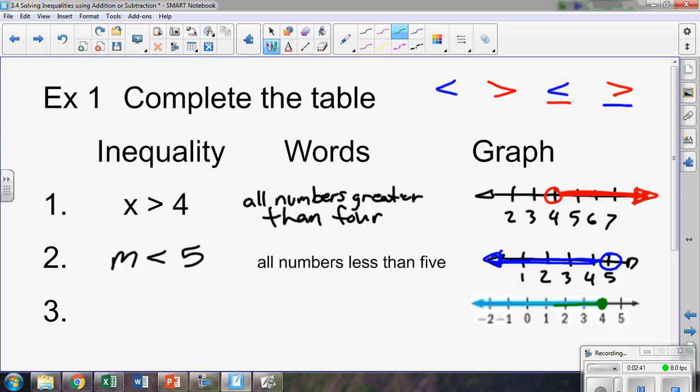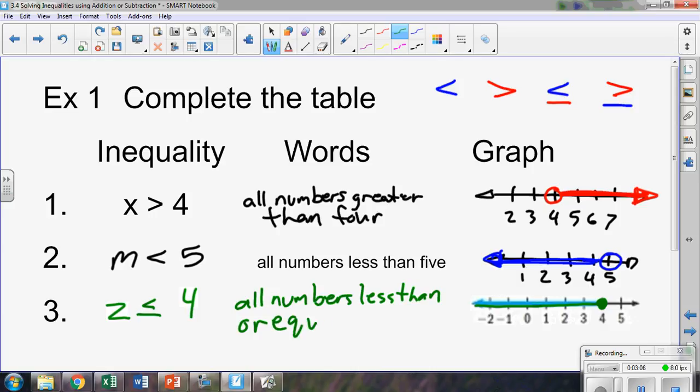But when we observe that it's going to the left, that should tell us that we've got our variable less than, because the circle's filled in, less than or equal to 4. And so we'll write it out in words. All numbers less than or equal to 4. And there we're finished.